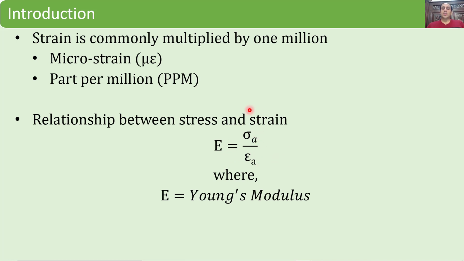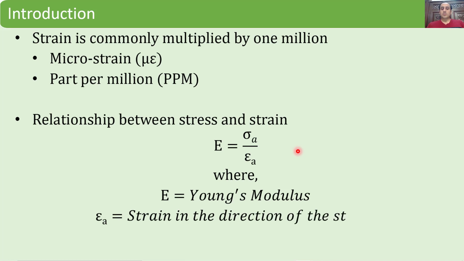That capital E is a material property which generally remains constant, but there are a few factors which can affect this Young's modulus, like temperature. I believe temperature can change the Young's modulus of a particular material. So Young's modulus is equal to stress over strain, where epsilon A is axial strain and sigma A is axial stress.